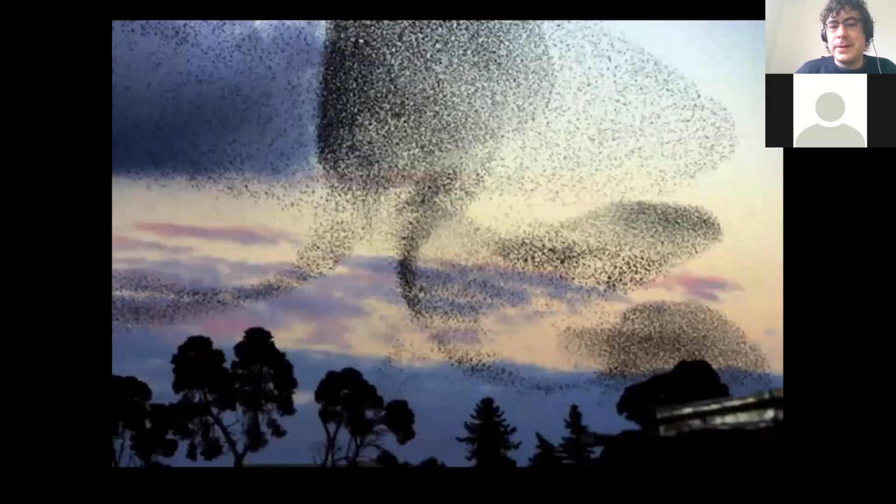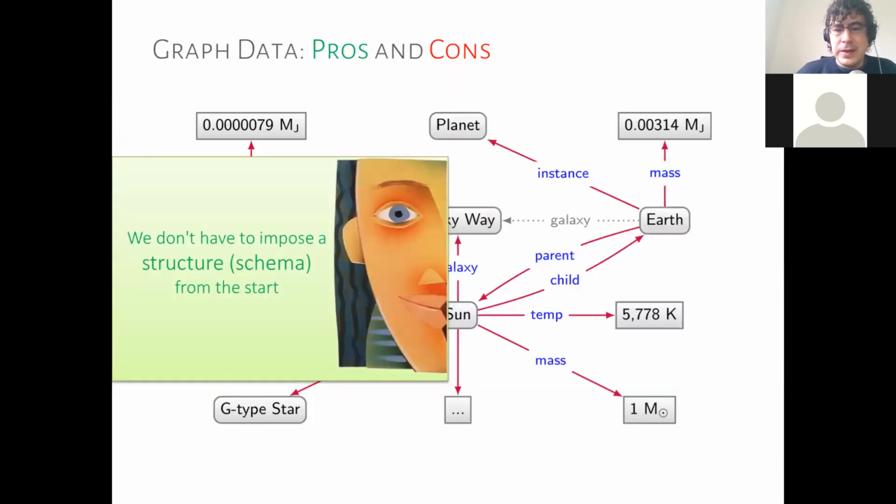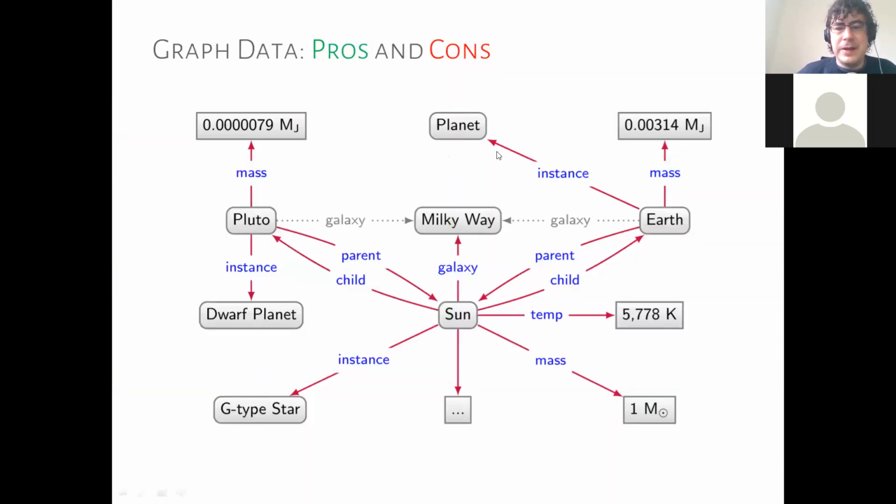So it's more flexible, and it's not that it has no structure, in that we would assume that as people add data, they try to follow the conventions that were used before. That should essentially give a more emergent sort of structure. So for example, use the instance label for saying what type of node something is, what type of entity it is. Use the parent and child relations consistently in a similar way.